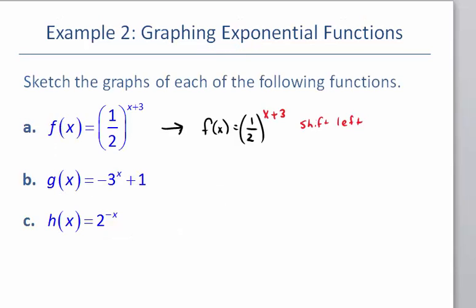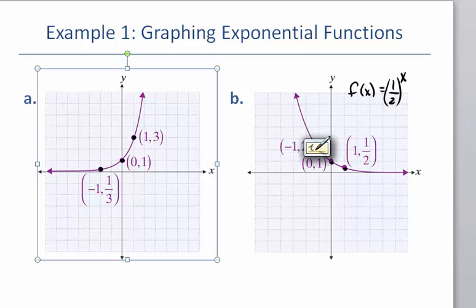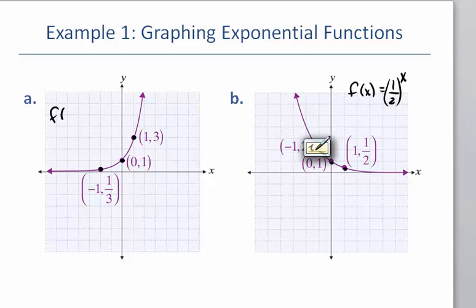Okay, our next one is the graph g of x is equal to negative 3 to the x plus 1. So we know what the graph of 3 to the x looks like. Okay, that is this one, the first one that we drew over here. This is 3 to the x. So now we just have to consider how that graph is changing.